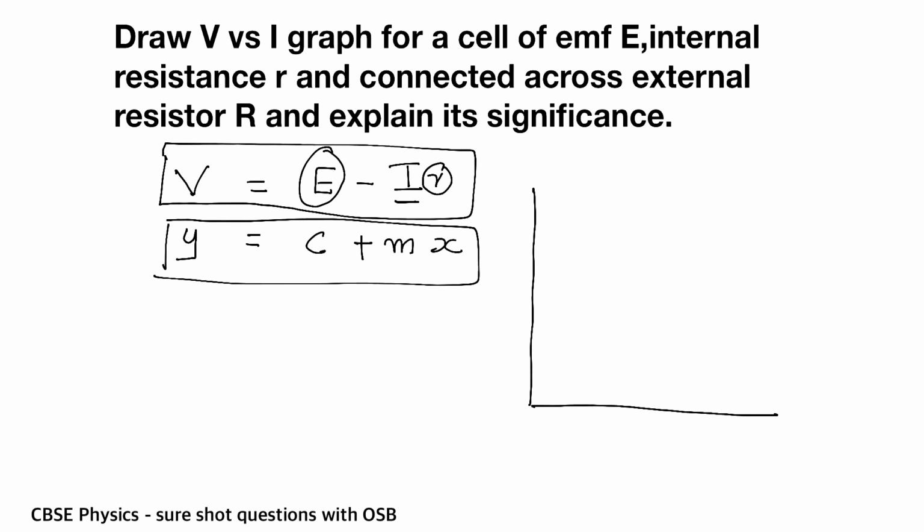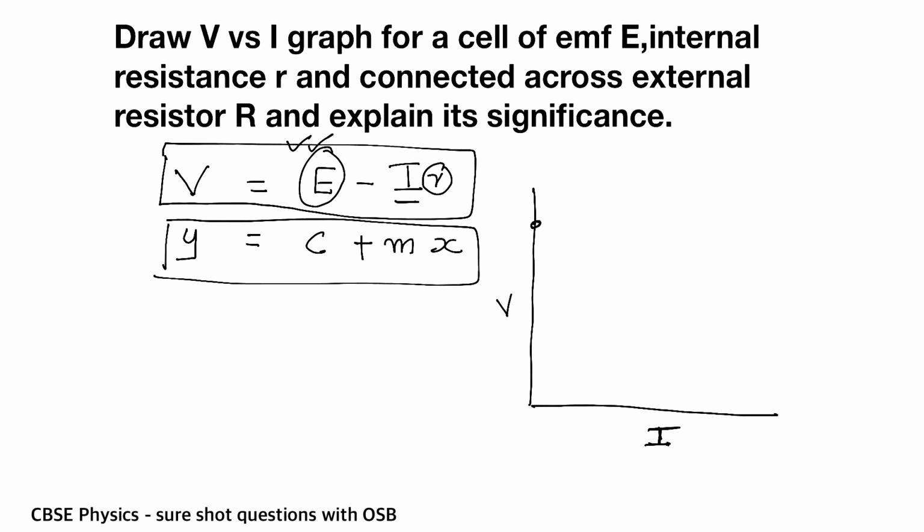So voltage on the y-axis, and on the x-axis we have current, right? You are going to get a straight line in such a way that, what is the y-intercept? The y-intercept is E, which is a positive value.